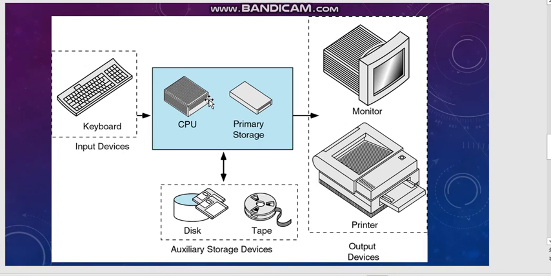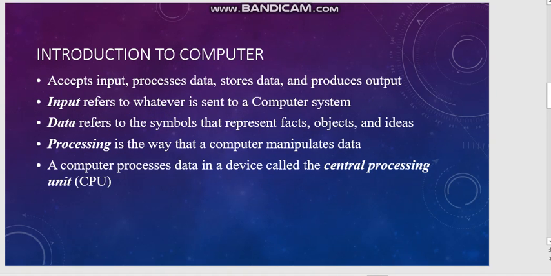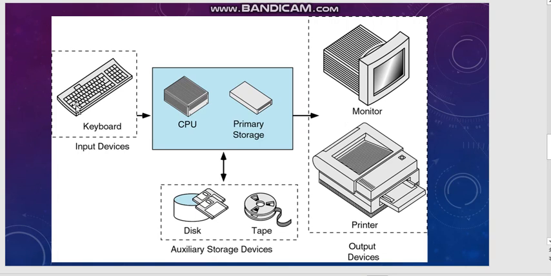Now let's see this image. Here we have the input devices, the processing unit, and the output devices. Here the keyboard is the input device through which we provide the input to the computer system.